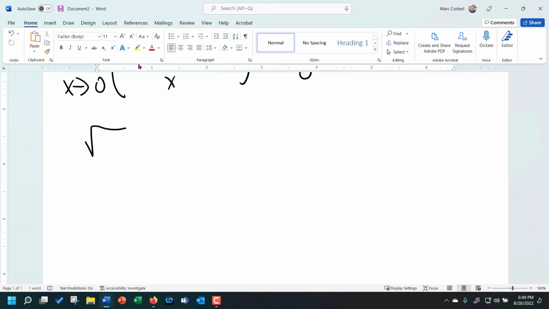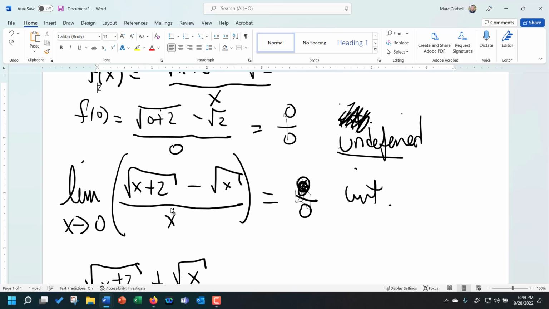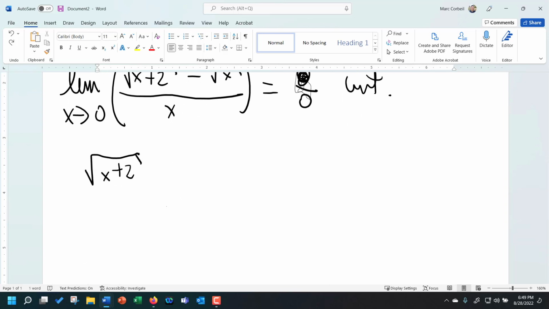So if we have, in our case, the square root of x plus 2 minus the square root of x, what we need to do is use the part of a square root.